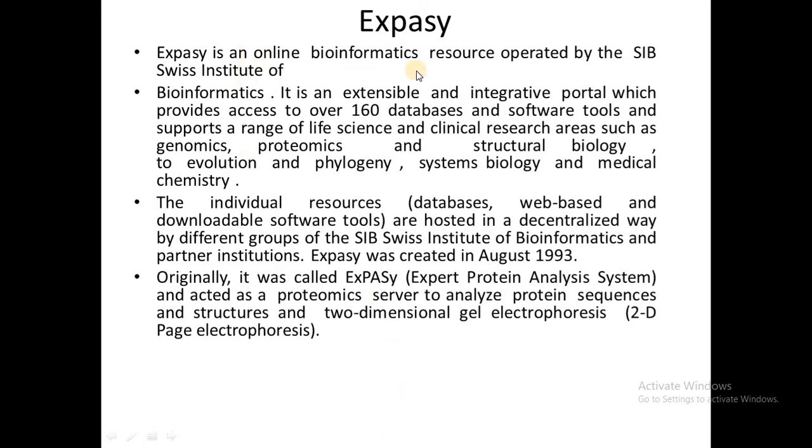Expasy is an online bioinformatics resource operated by the SIB, Swiss Institute of Bioinformatics. It is an essential and integrative portal which provides access to over 160 databases and software tools and supports a range of life science and clinical research areas such as genomics, proteomics, and structural biology, to evolution, phylogeny, systems biology, and medicinal chemistry.